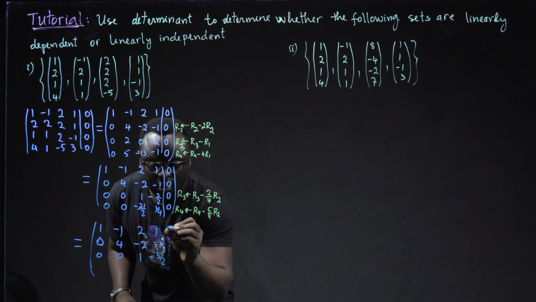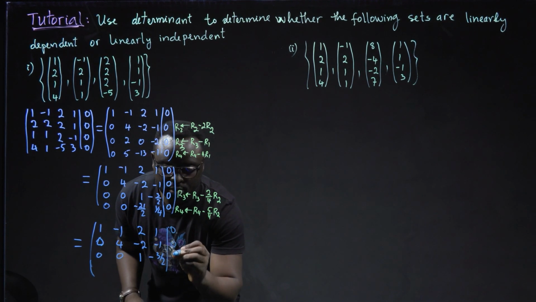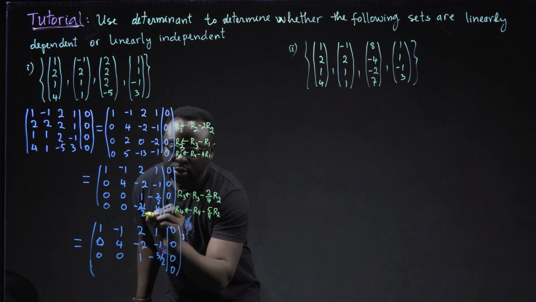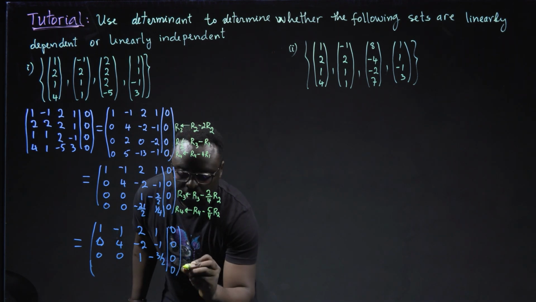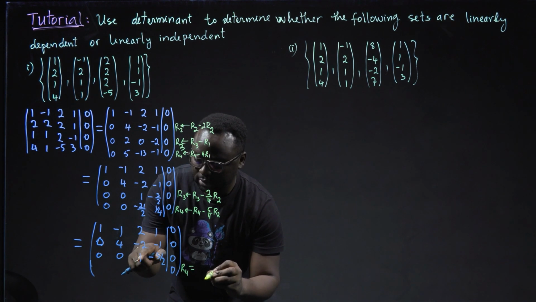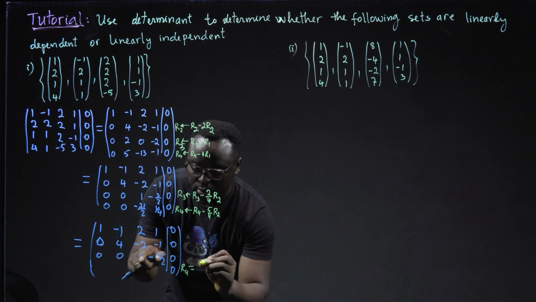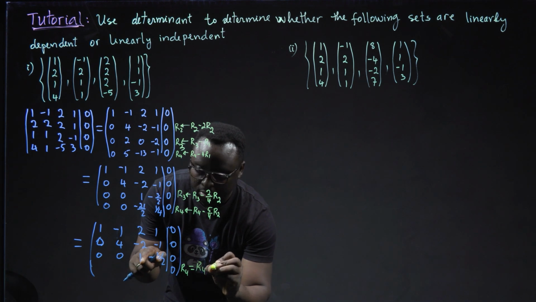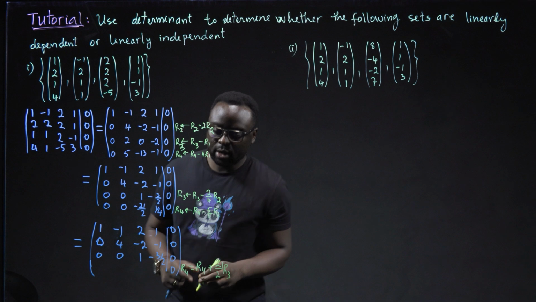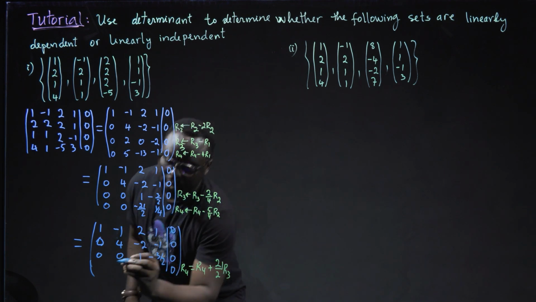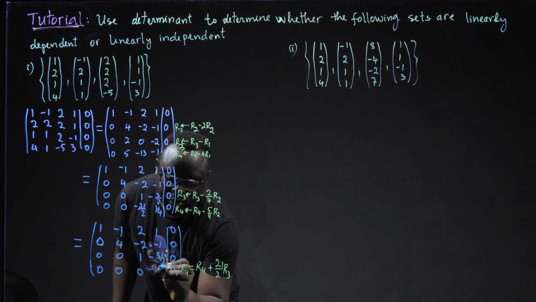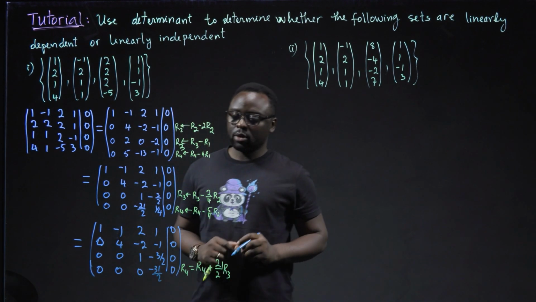And now for the fourth row, we want to get rid of this, as I already said. So we fix the third row. So this is R4 plus 21 over 2 R3. Okay? So by doing that, we obtain 0, 0, 0, and minus 31 over 2.